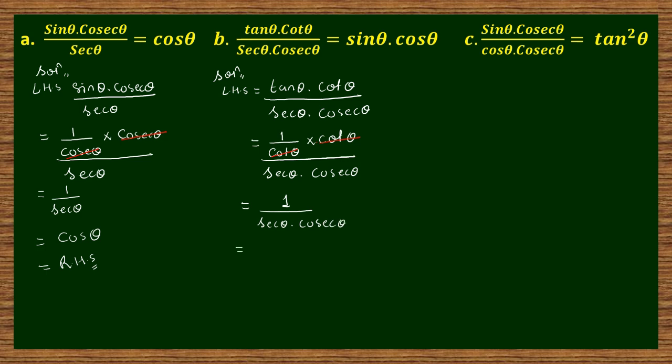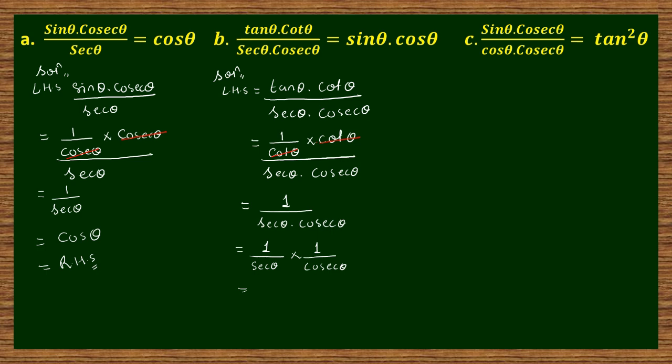So we can again split into two terms, that is 1 by sec theta multiplied by 1 by cosec theta. So we know that again this one and this one is the same.